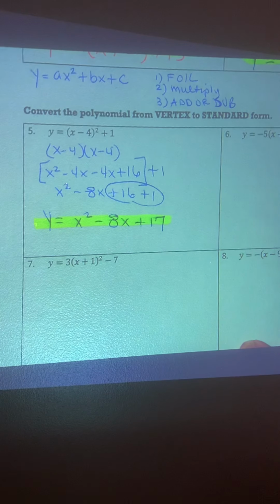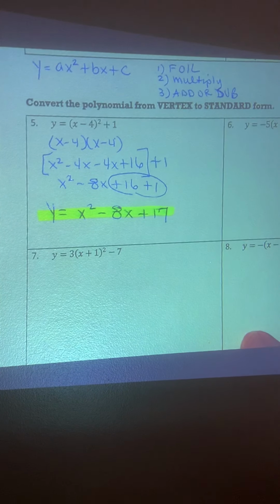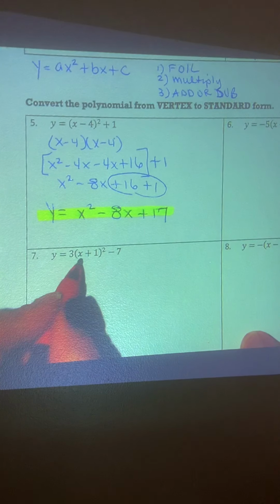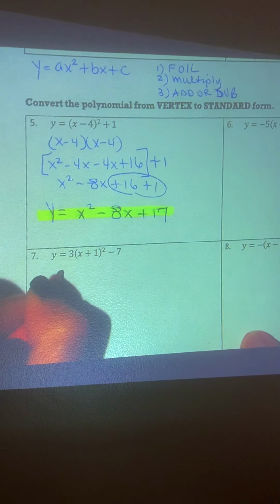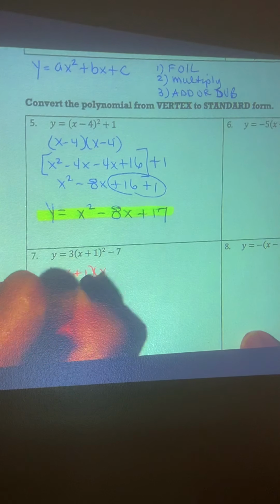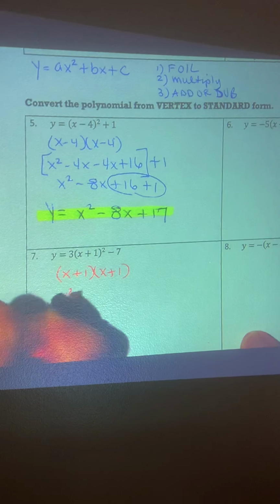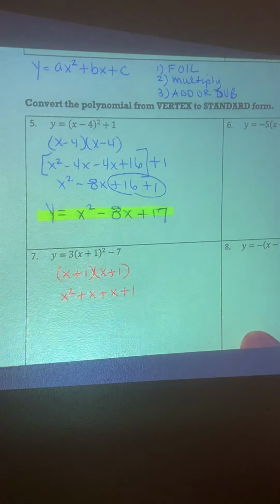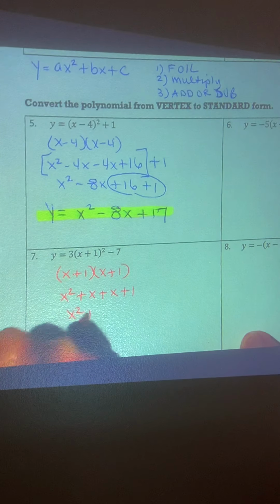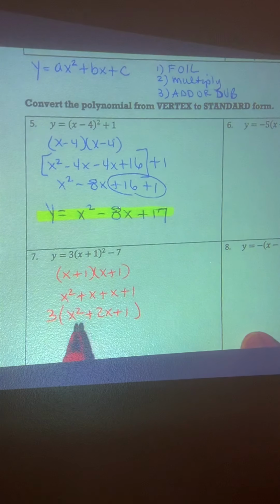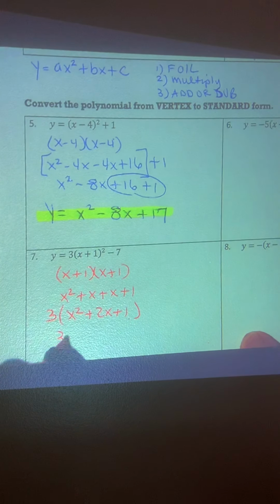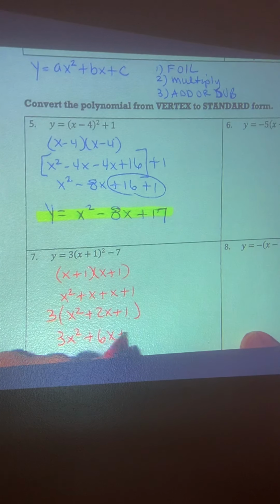Let's jump down to number 7 while I'm at it. Here, I need to FOIL, then multiply by 3, then subtract 7. So, x plus 1, x plus 1. X squared plus x plus x plus 1. I get x squared plus 2x plus 1. There's my FOIL. Now the next thing I'm going to do is multiply the entire trinomial by 3: 3x squared plus 6x plus 3.